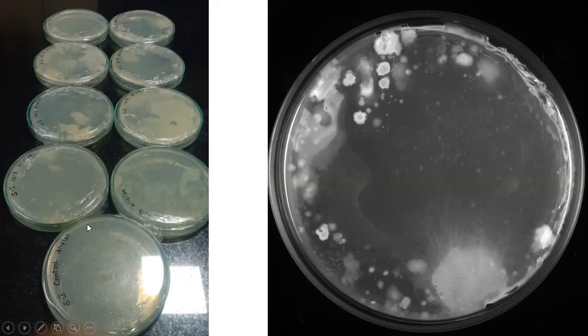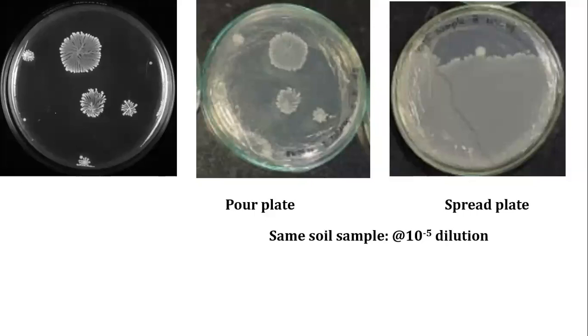You can sample them and then go for quadrant streaking. Here, what I have displayed is a series of bacterial mother plates obtained from serial dilution. When you plate the same sample by pour plating and by spread plating, you will have different bacteria. That's what I'm trying to say.